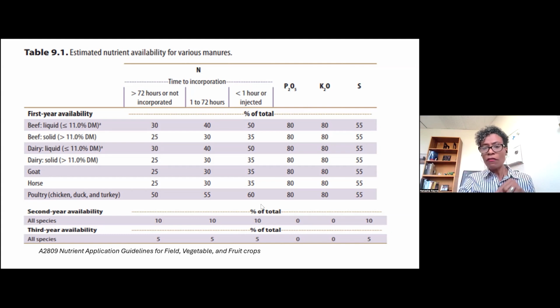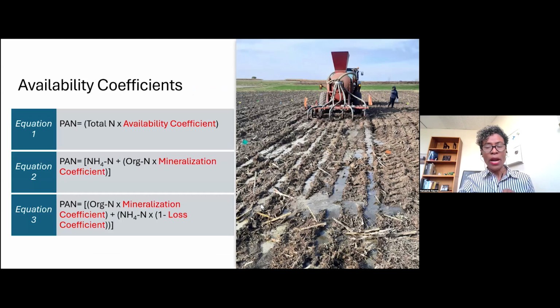However, not everybody does it that way, right? If you look at how these availability coefficients and availability, or plant available nitrogen specifically, is calculated. Wisconsin uses that first one, right? We look at total nitrogen times an availability coefficient, as you saw in that table that I presented, right?